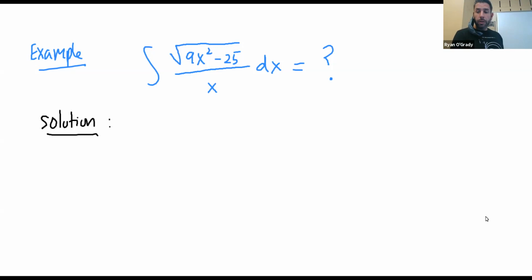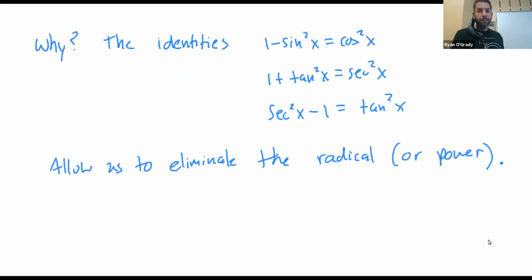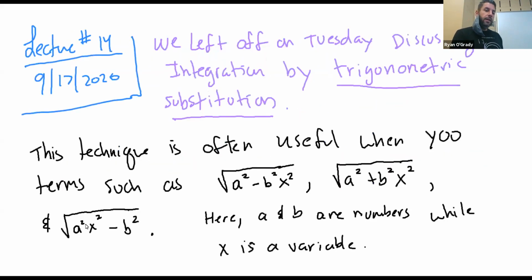If you go 3 pages back, you'll see that I have things like a squared, x squared minus b squared. So if you want to compare this to the problem we're doing, the problem has 9x squared minus 25.